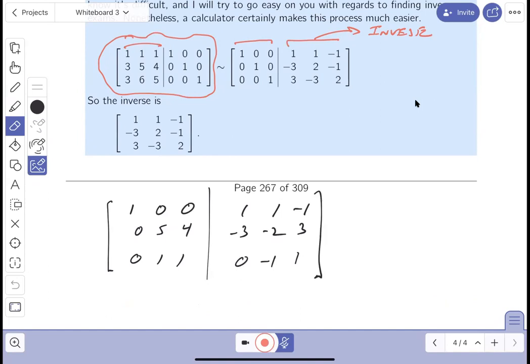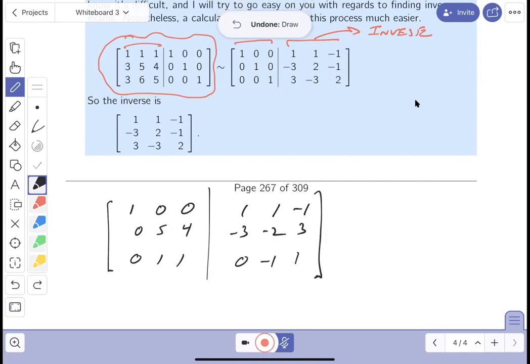And let's see. I guess what I could do, I'll write this down for you. Oh boy, minus, no, I'll do it in red. Minus 4 times row 3, add it to row 2, and give it to row 2.